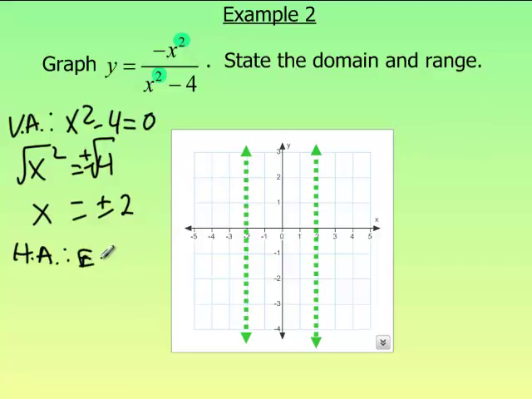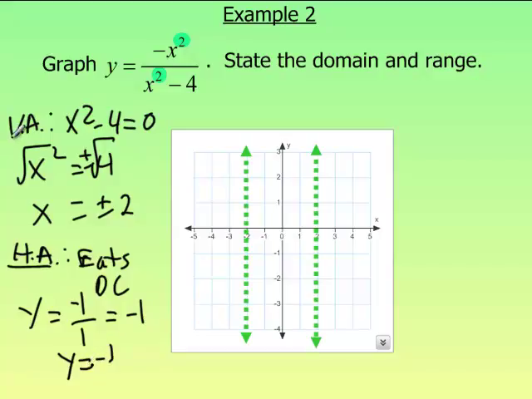Our coefficients being y equals -1 over 1. So y equals -1, and that's where my horizontal asymptote is going to be.